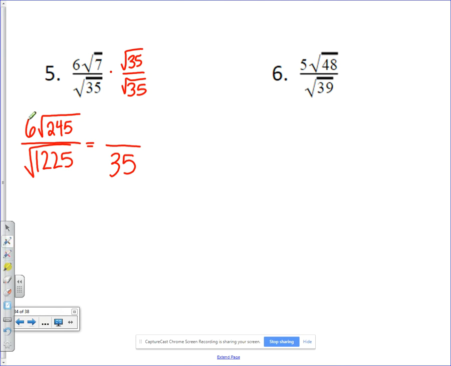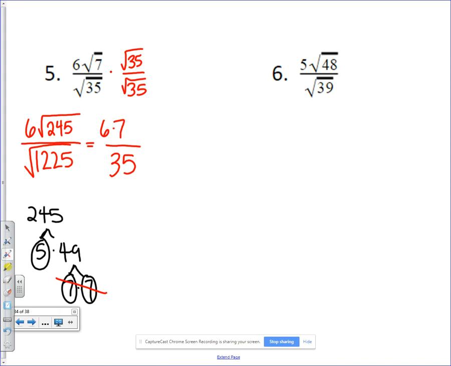Okay, now we need to go ahead and simplify that 245. So 245 breaks down into 5 times 49, and 49 is 7 times 7. So I had a 6 that was already out there. Looks like a pair of 7s make it out, and we still have a 5 left underneath.